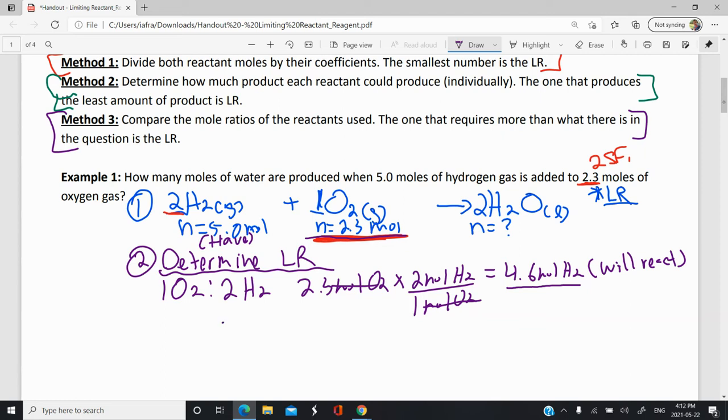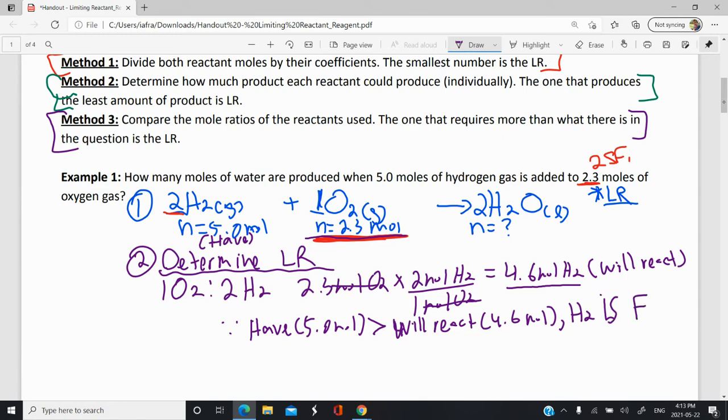So since what you have, which is 5.0 moles, is more than what will react, which is 4.6 moles of H2, you have more than you need. H2 is the excess reactant, which makes O2 your limiting reactant.